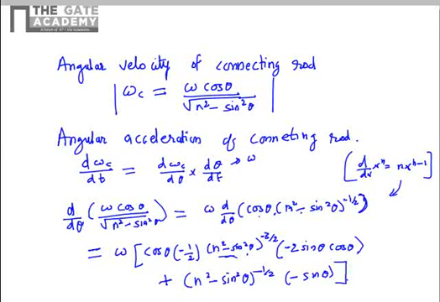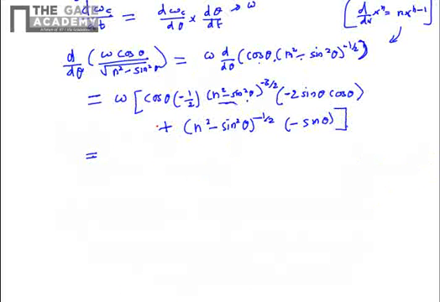So on rearranging and simplification of this thing, take n square minus sine square theta power 3 by 2 in the denominator, minus 3 by 2 outside, then inside you will get cos square theta plus cos theta and cos theta cos square theta.